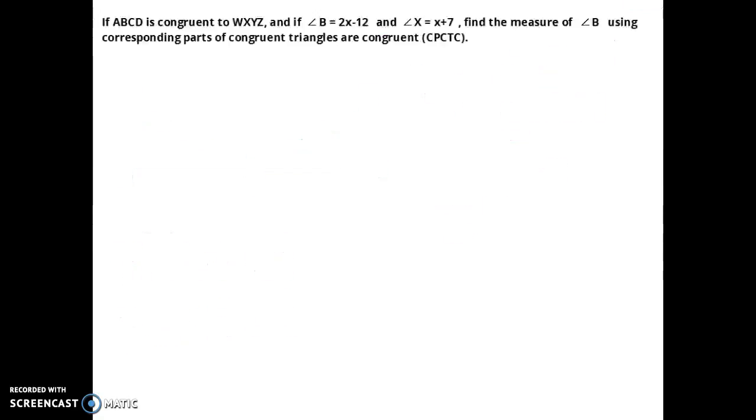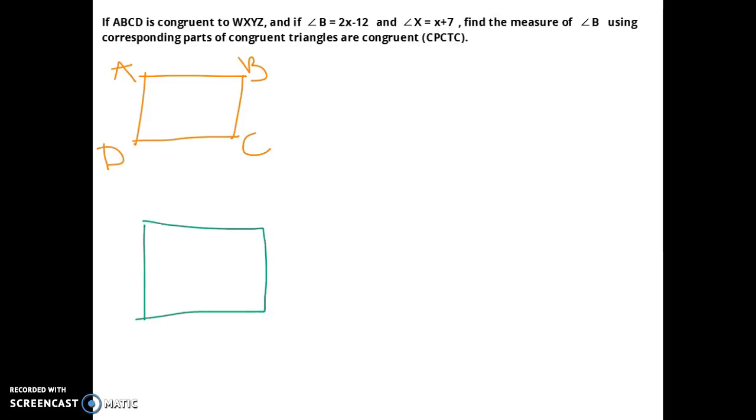Looking at this question here, it is asking about a four-sided figure, we're going to call it ABCD, and we're told that it is congruent to another figure. We're calling that figure WXYZ.